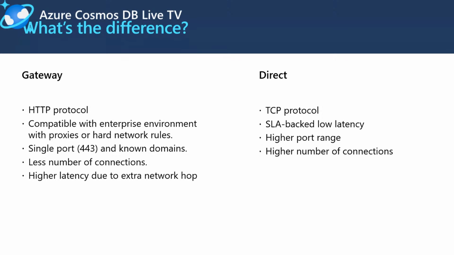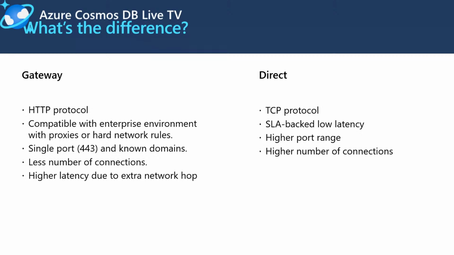It also uses fewer ports and fewer connections, because we are just opening an HTTP connection to the account endpoint, which is normally your account name .documents.azure.com, using port 443 for HTTPS connectivity, and sending the operations through there.